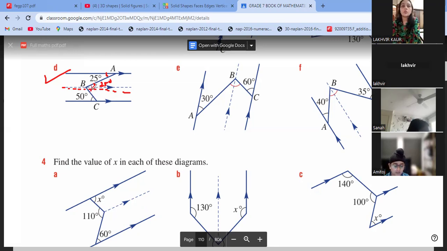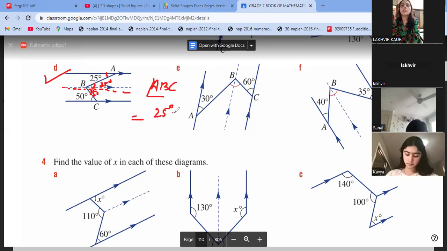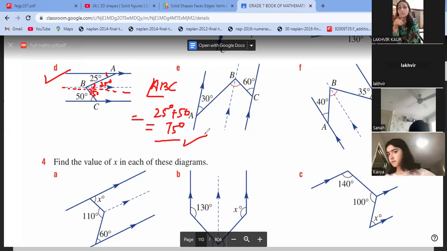And this one and this one are forming alternate interior angles. So this is 50, this is 25. So the measure of ABC will be equal to 25 plus 50. That's equal to 75 degrees. Okay. So the same type of question is there for E and F. You need to do it yourself.